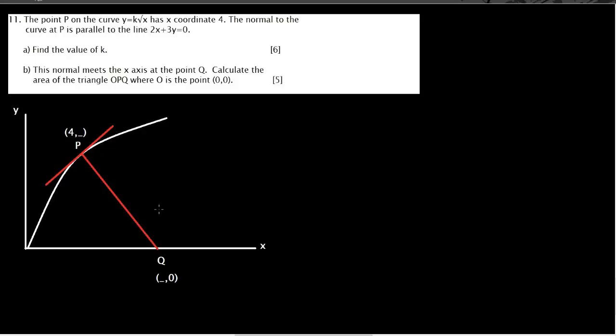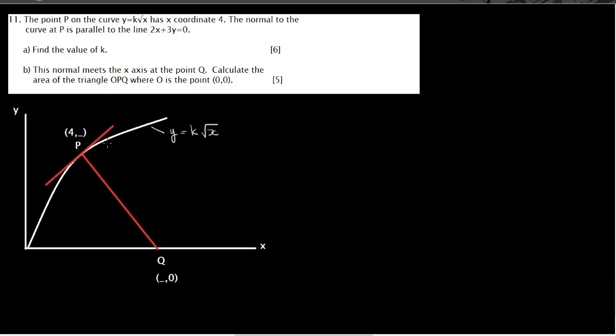I've just sketched the curve. The point P lies on the curve y equals k root x. Well, if that's y equals k root x, we know what root x looks like, so k root x is just something multiplied by root x.